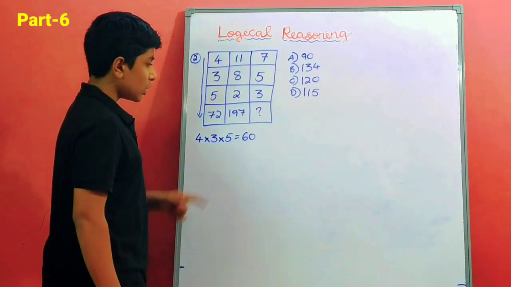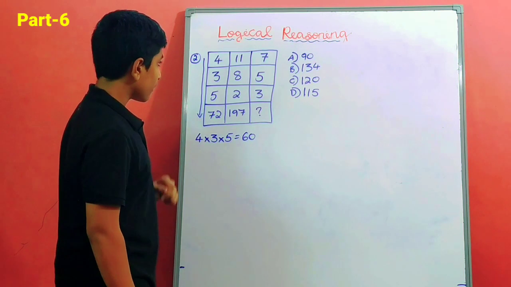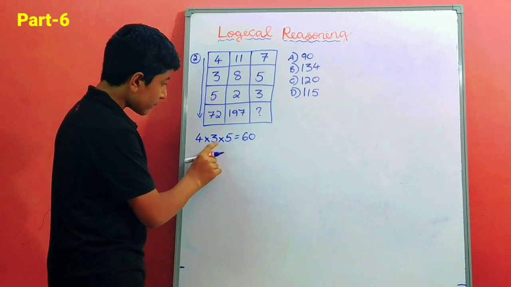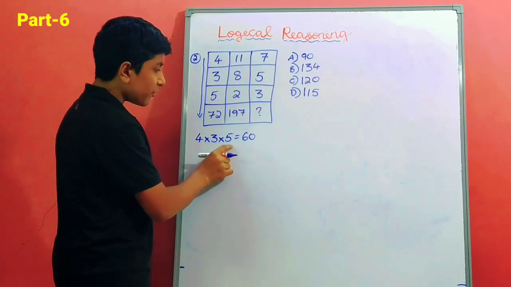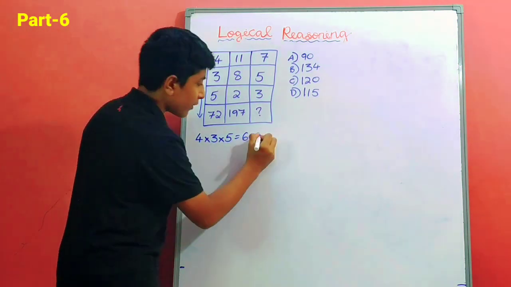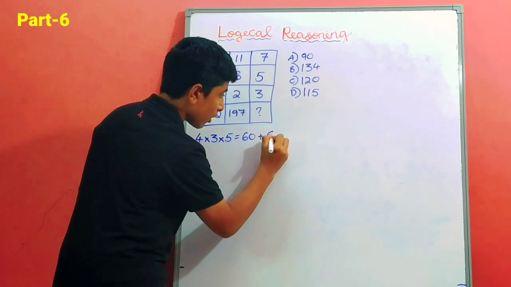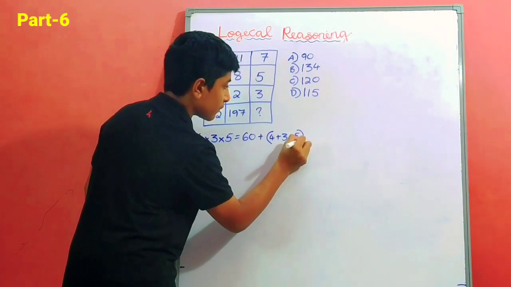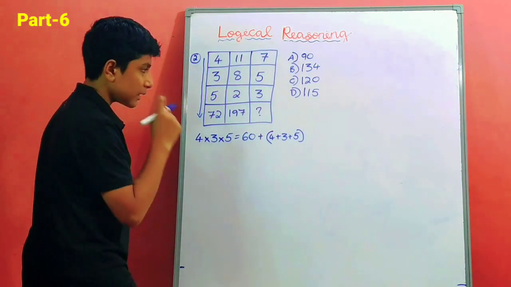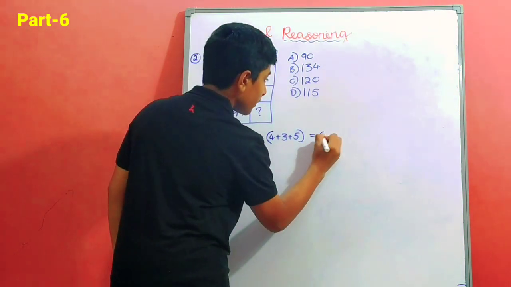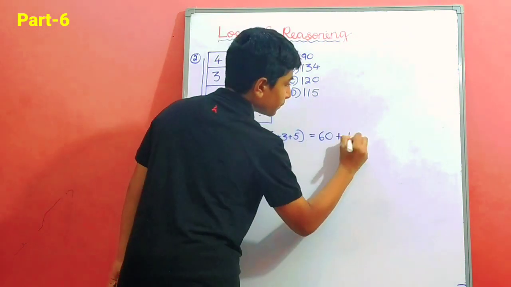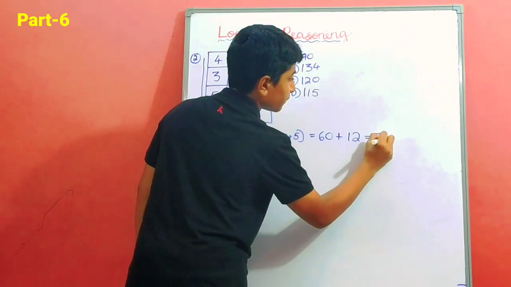And 60 plus 12 will be 72. We got 12 by adding 4 plus 3 plus 5. So 60 plus 12, which is 72.